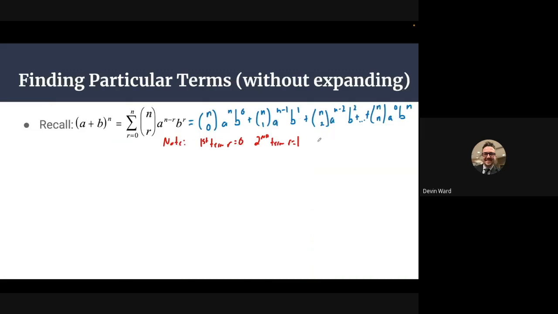And then our third term, r equals 2. So like we talked about yesterday, therefore, r is 1 less than the term number.